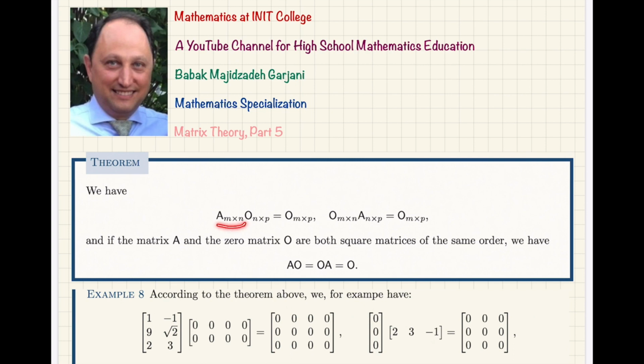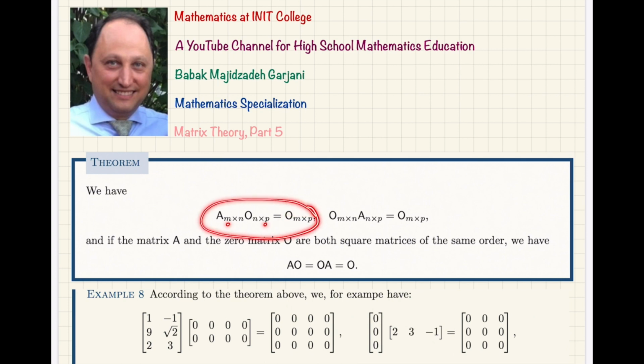If you have a rectangular matrix A, m by n, if you multiply it by a zero matrix from the right, which has the same number of rows as the columns of A, then the answer would be the zero matrix. But the zero matrix that is produced is not this zero matrix, because the order of the product should be m by p.